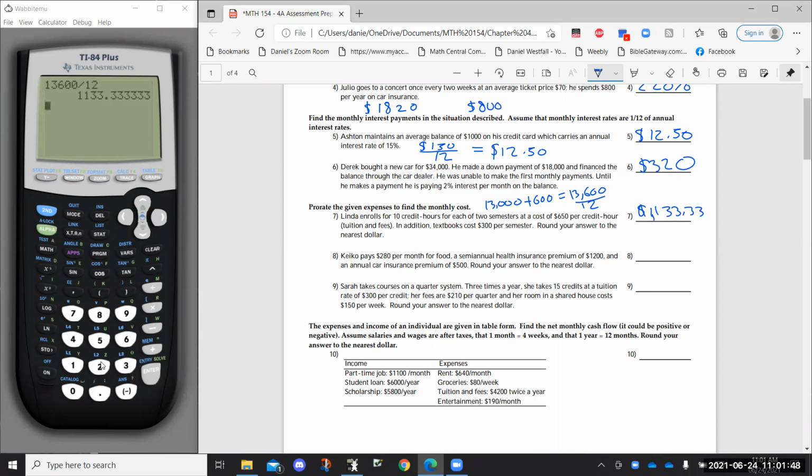$280 a month for food, so that's $280 times 12 for 12 months, plus semi-annual cost of health insurance, 2 payments a year of $1,200, and an annual insurance premium of $500.